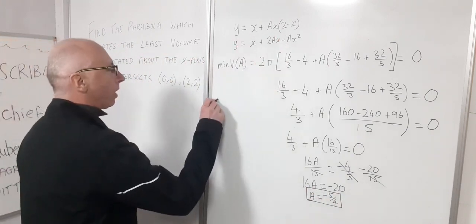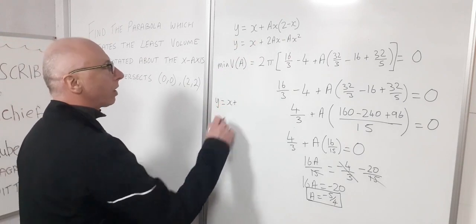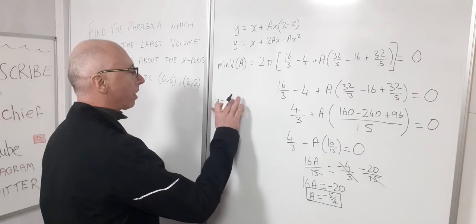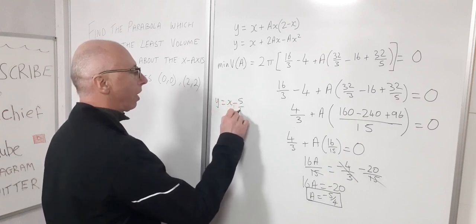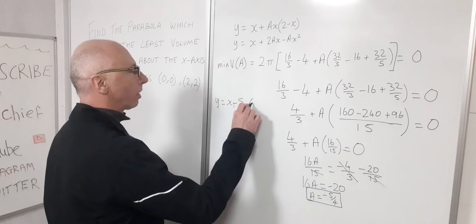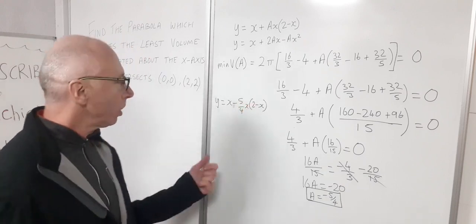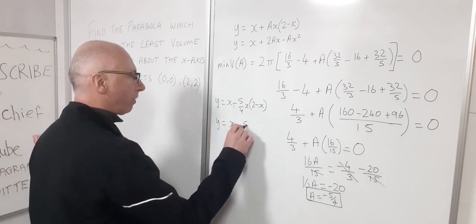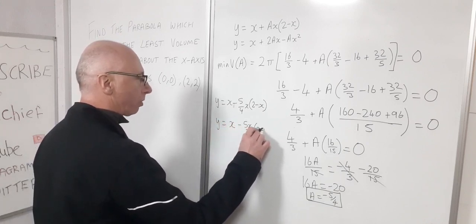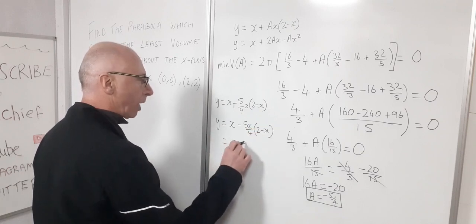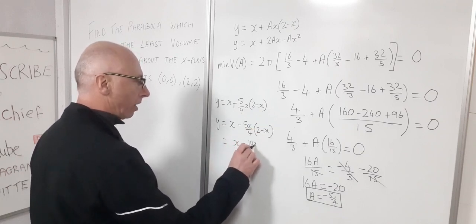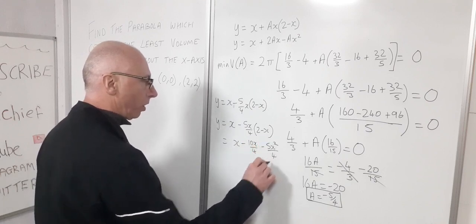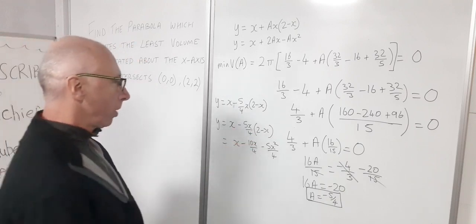So now my y will be x plus A, which is minus 5 over 4 times x, to minus x, which would simplify to y equals x minus 5x over 4 to minus x, which equals x minus 10x over 4 minus 5x squared over 4. But that's 2 minuses, so that's a plus.